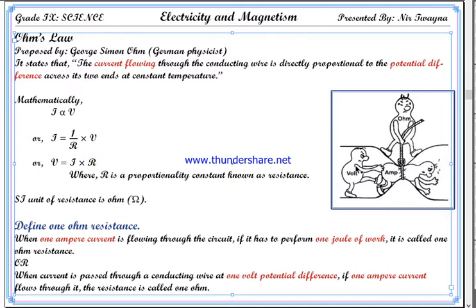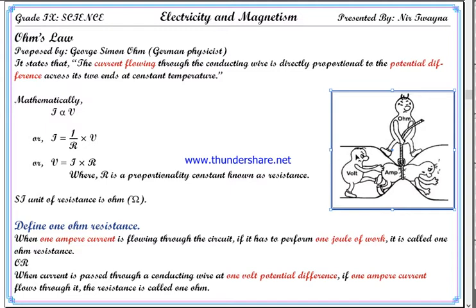So by applying 1 voltage potential, how much current will flow through the conductor? That determines its resistance. If by applying 1 voltage only 1 ampere current flows, then resistance is 1 ohm. Or if 0.5 ampere current flows, then resistance is 2 ohm.